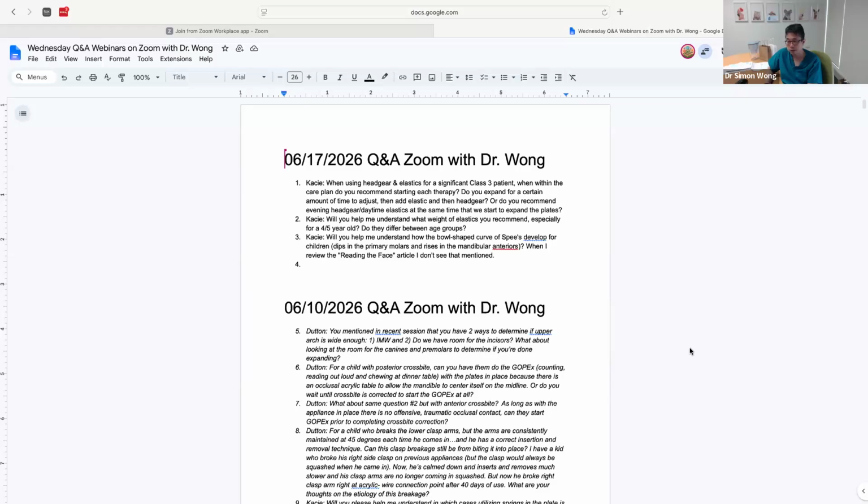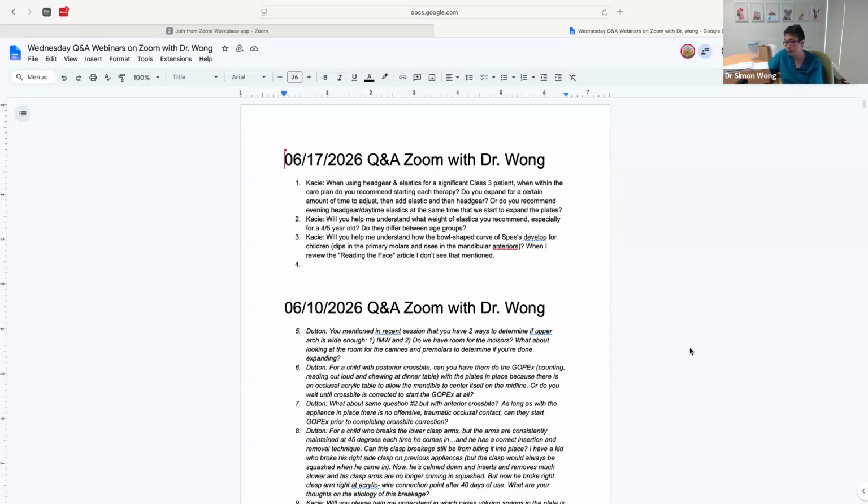So when do you choose one? When do you choose the other? It depends on if you are deficient in the maxilla or excessive in the mandible. If you're deficient in the maxilla, then you want to pull on the maxilla because your mandible is relatively normal. If you're excessive in the mandible, then you want to hold the mandible and pull on the maxilla.